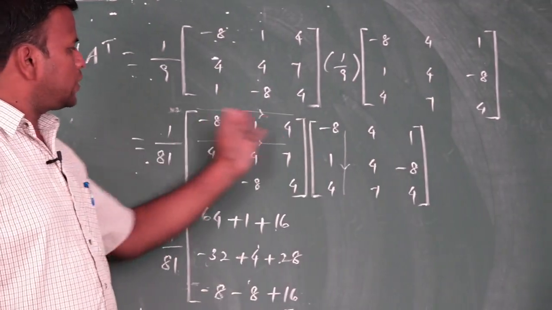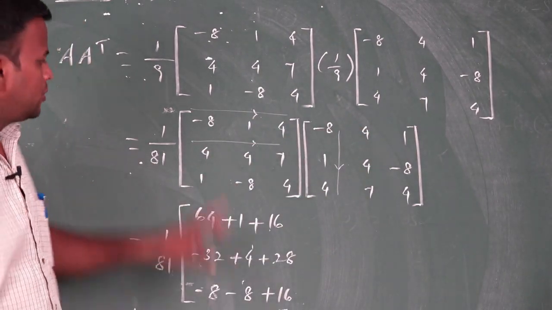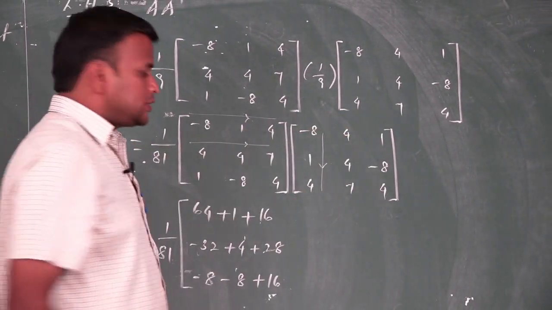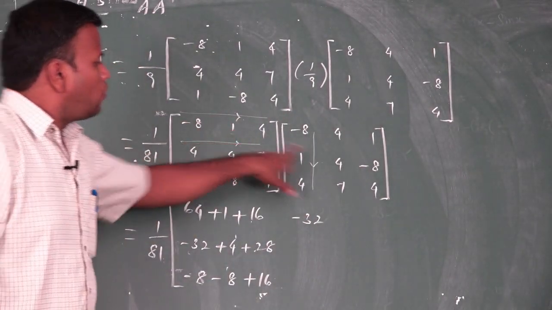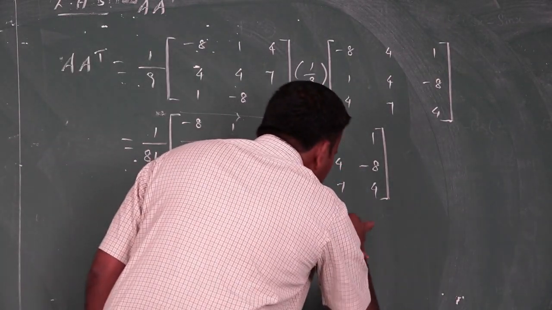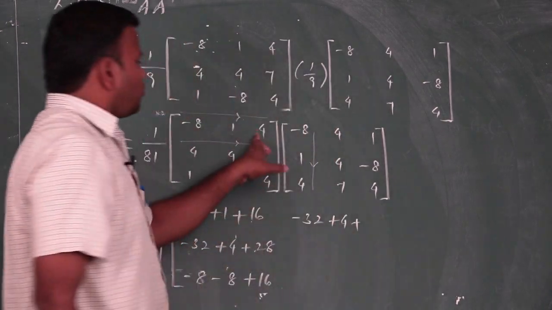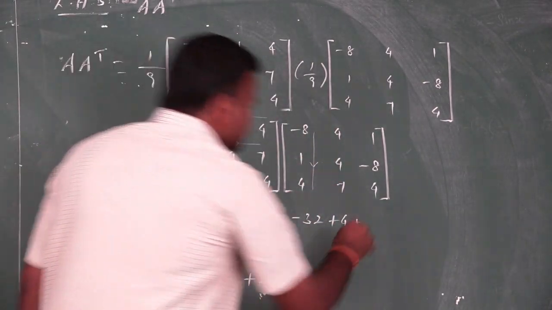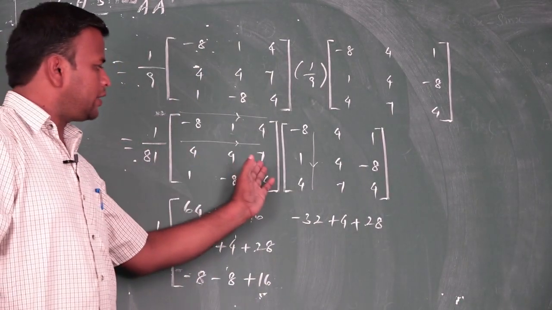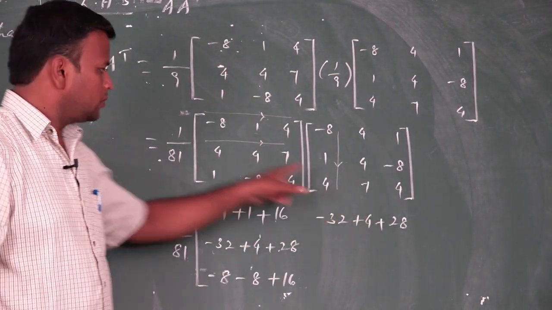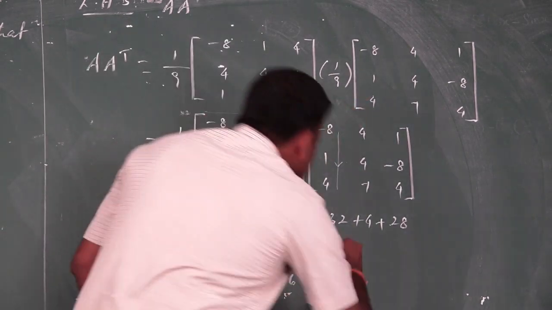Now we take the first row and second column. Minus 8 into 4 is minus 32. 1 fours are plus 4. 4 sevens are 28. Now we take second row, second column. 4 fours are 16.